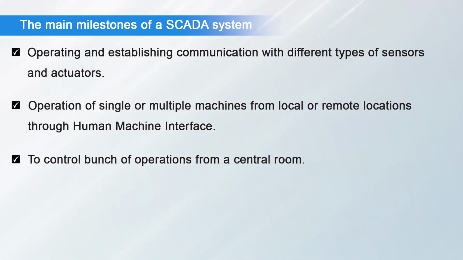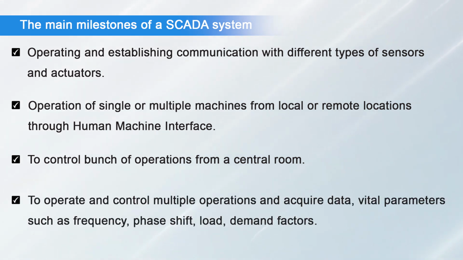The next milestone is to control a bunch of operations from a central room situated at a far distance from the plant or industry process. Next is to operate and control multiple operations and acquire data such as vital parameters like frequency, phase shift, temperature, pressure, load and demand factors.